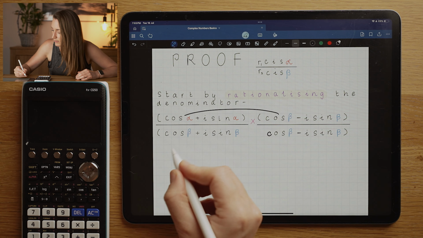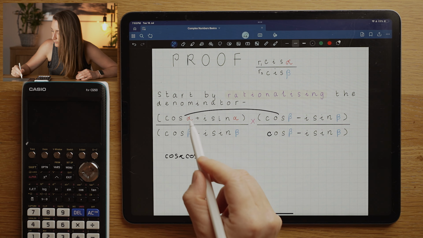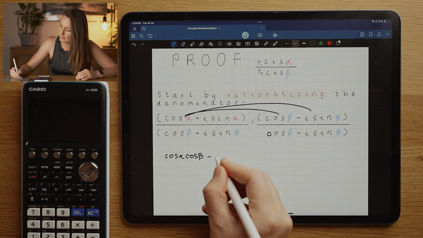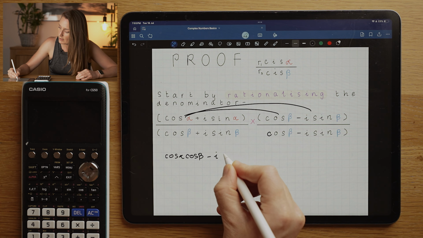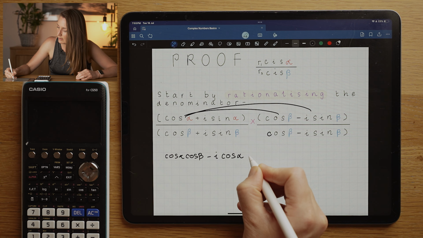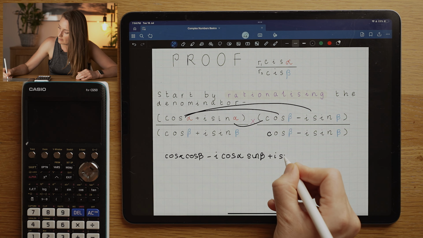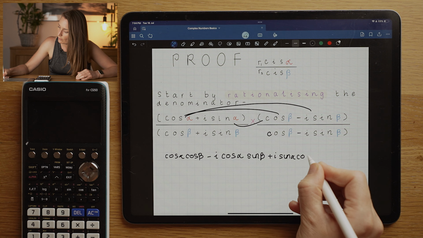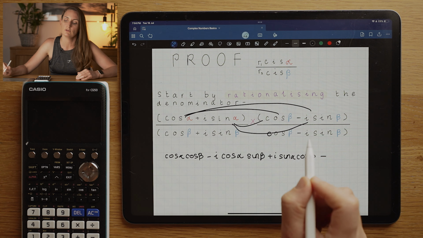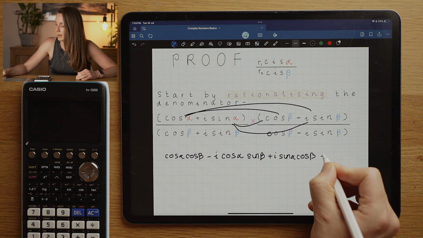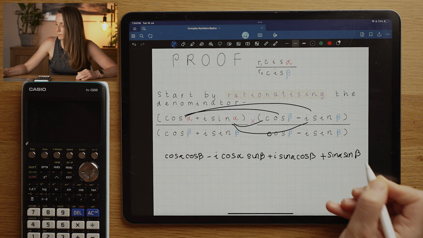Now this here would give me cos alpha cos beta minus, I'm going to put the i in front always, i times cos alpha sine beta, plus i sine alpha cos beta minus, i times i, remember, is minus 1, and I have a minus, so it's a double minus, so it's plus sine alpha sine beta.